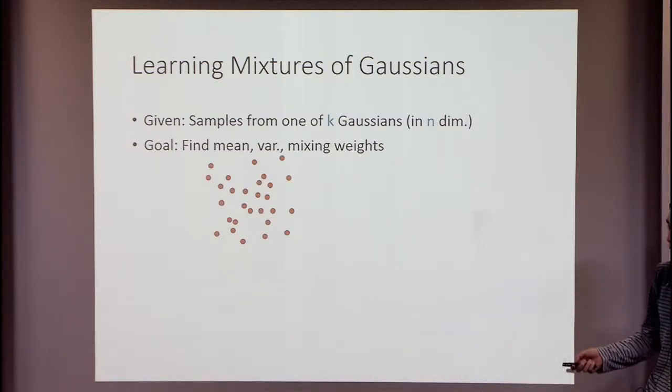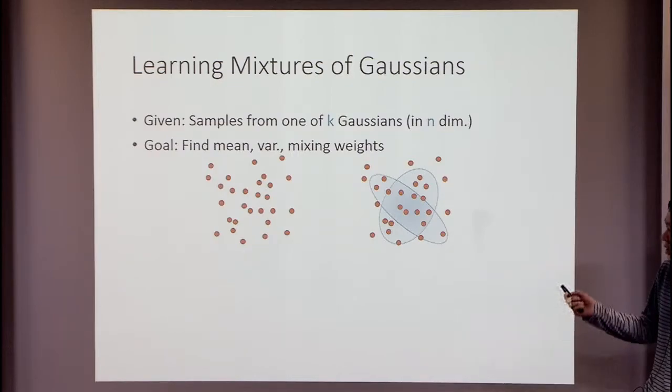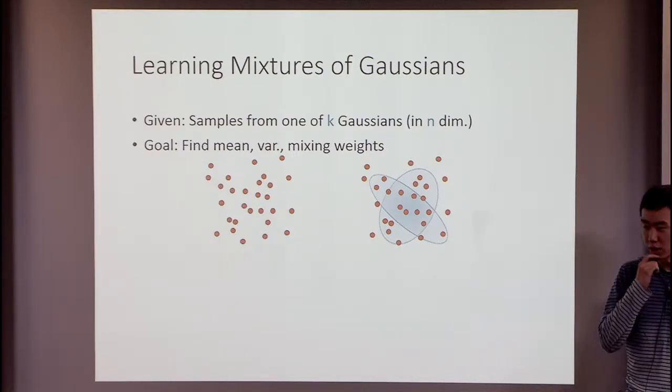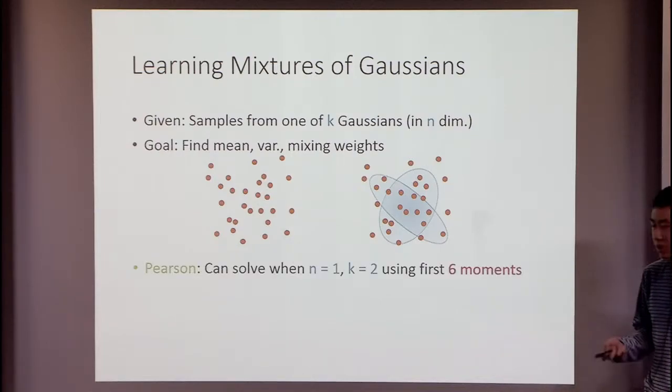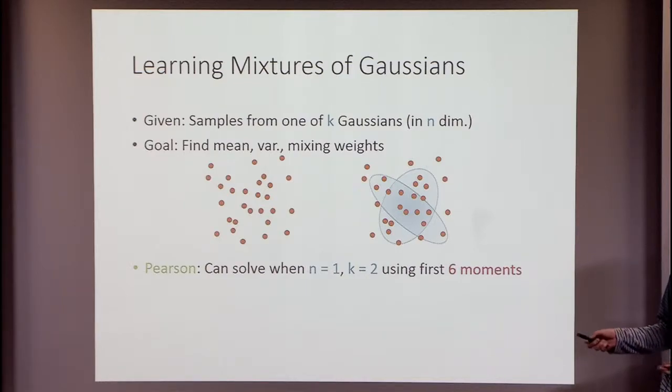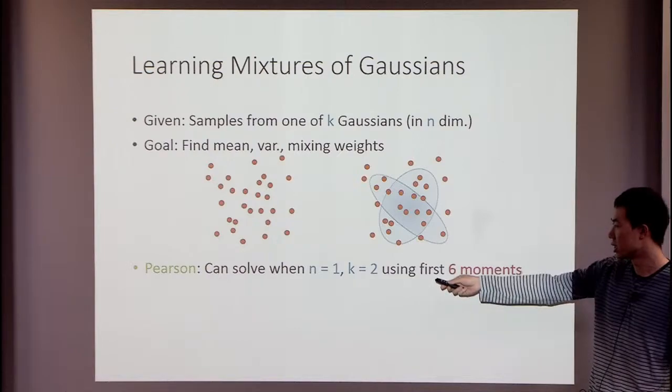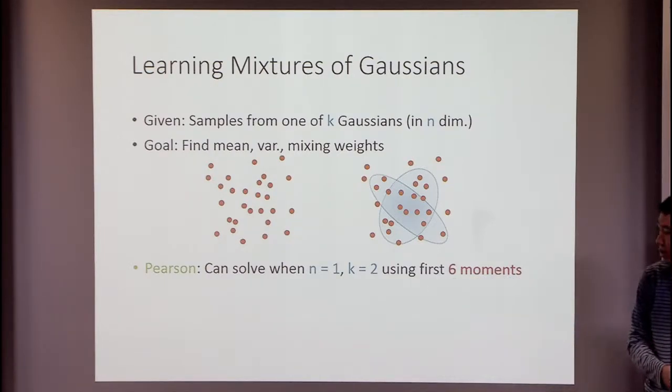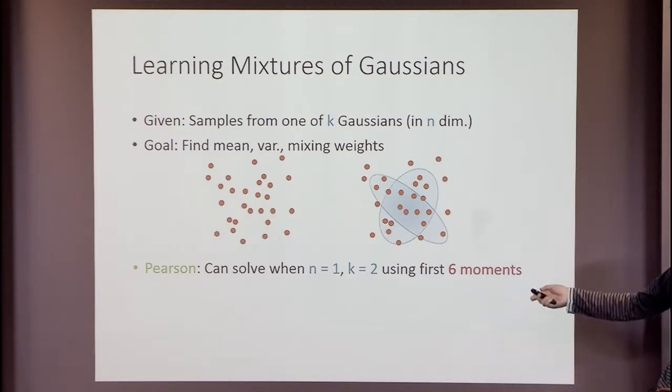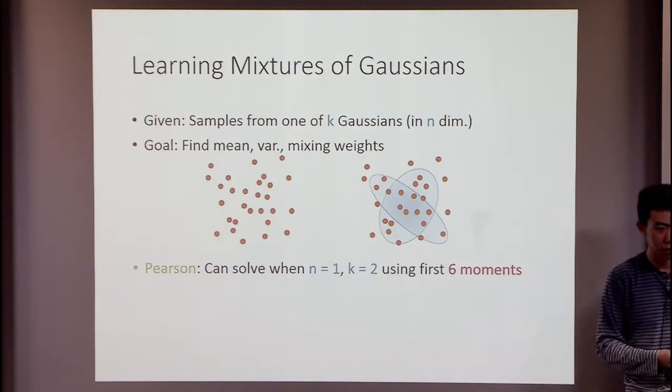You get these points, and maybe they come from the mixture of these two Gaussian distributions. Essentially, Pearson's argument shows that we can solve this problem when the dimension is 1 and the number of Gaussians is 2, just by estimating the first 6 moments and solving a set of polynomial equations.